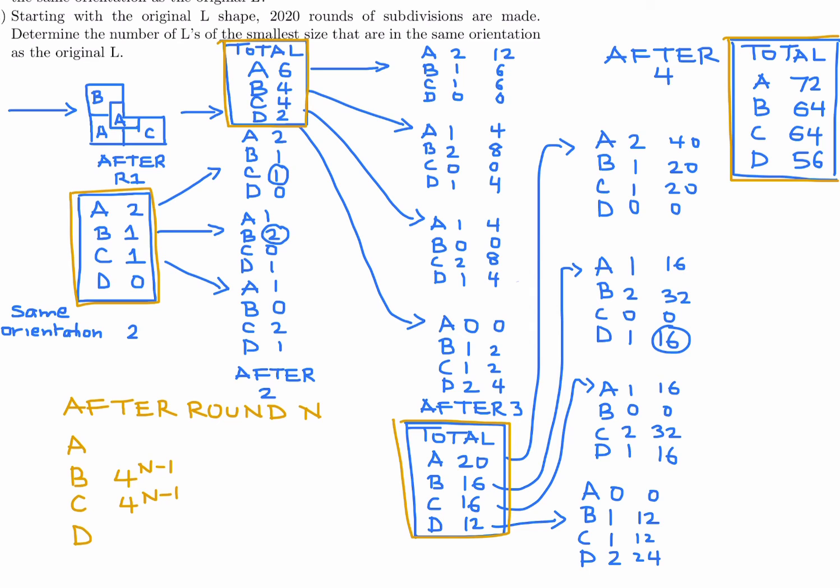Okay, so then I've got to look at the numbers 2, 6, 20, and 72. And from those numbers, I've got to figure out a pattern. So I thought about this. I said, oh, okay, powers of 2, powers of 3, powers of 4. Well, neither of those.